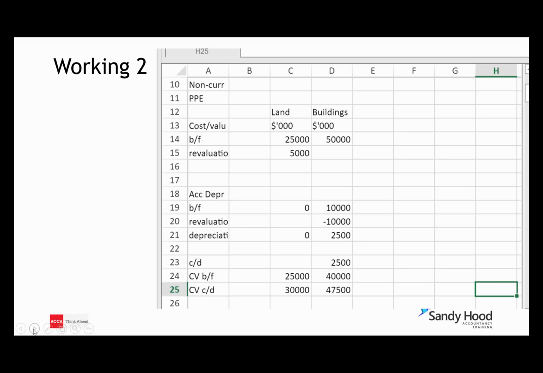So quickly totting those up, I can see that my carrying value at the end of the year is going to be 30,000 for land, 47,500 for buildings, and that I've got some depreciation that I can put into my, well, if you can remember, it's not cost of sales on this occasion, it's into the admin account.